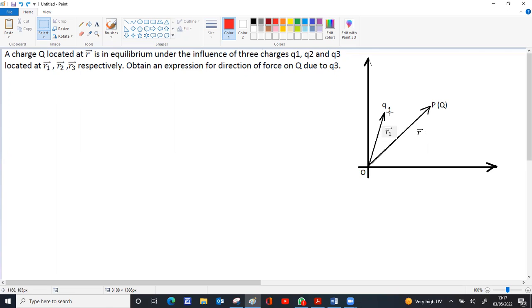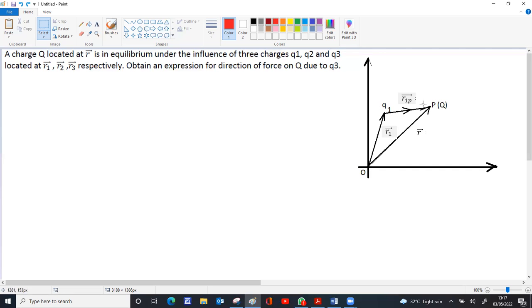So the line connecting Q1 to Q will be the direction along which the force on Q due to Q1 acts. Since both are positive, Q1 will repel Q from Q1 to P direction.